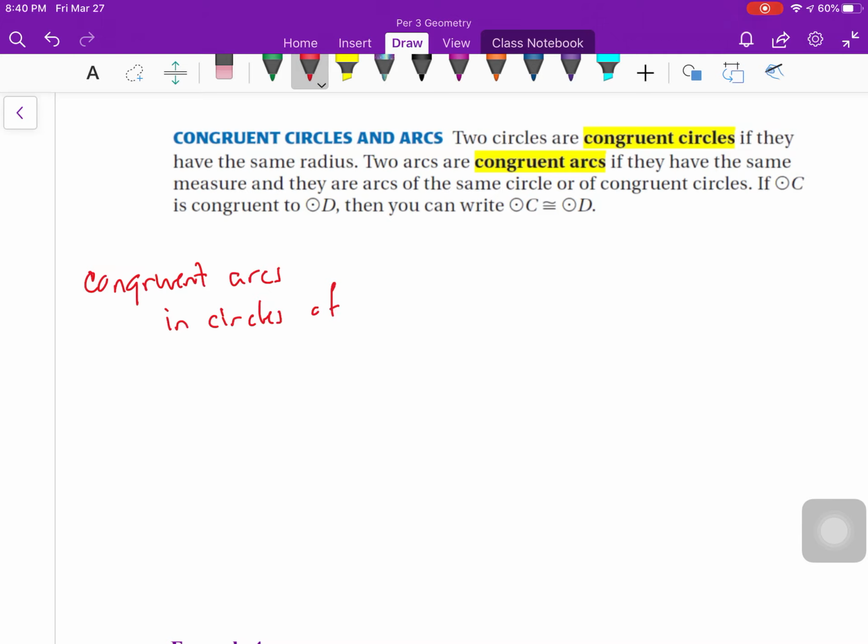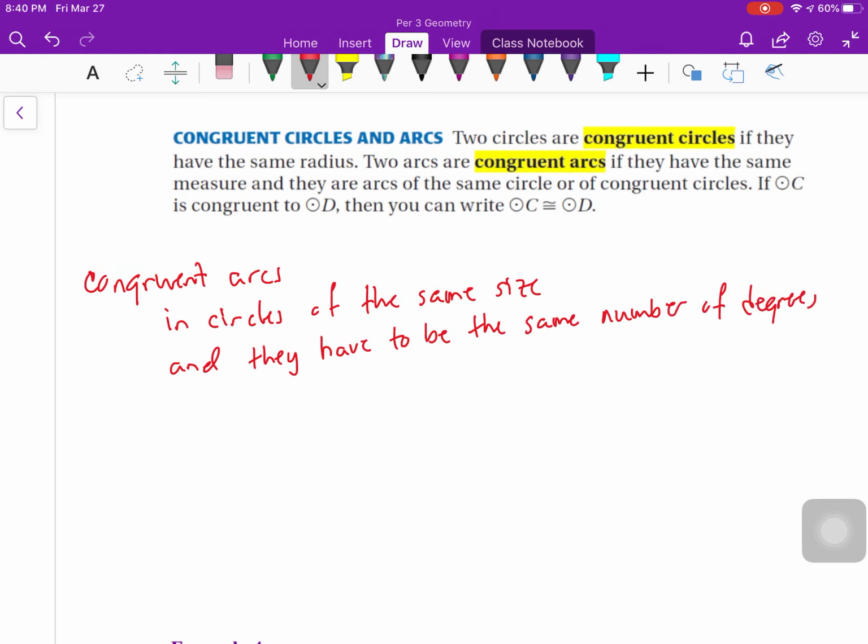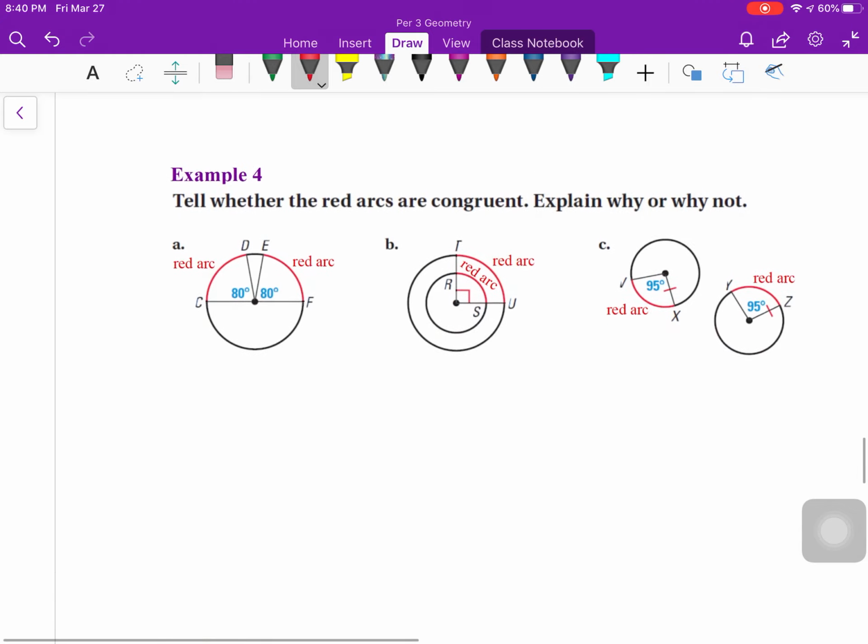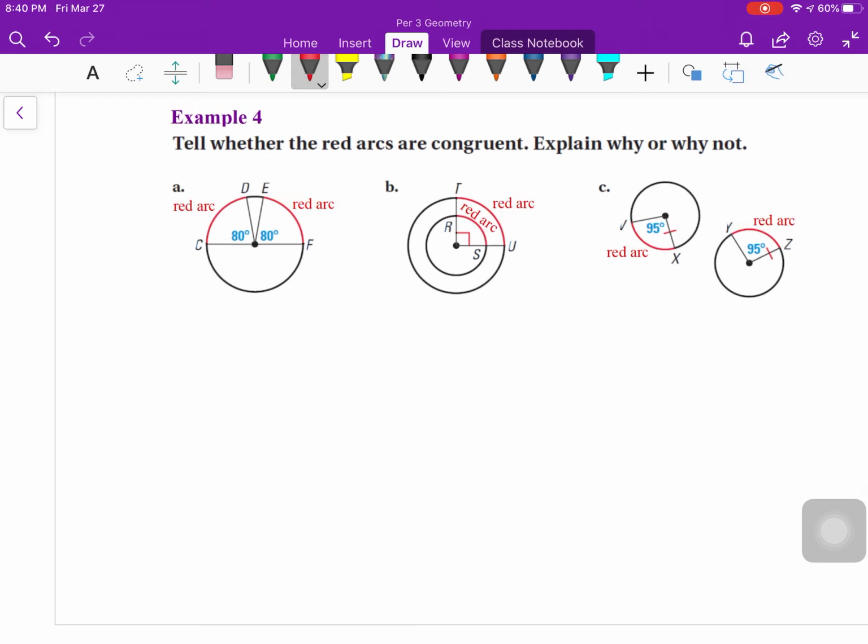They have to be in circles of the same size, and they have to have the same number of degrees. So to be congruent arcs, there must be two conditions. In circles of the same size, and they have to be the same number of degrees. They have to have the same central angle.